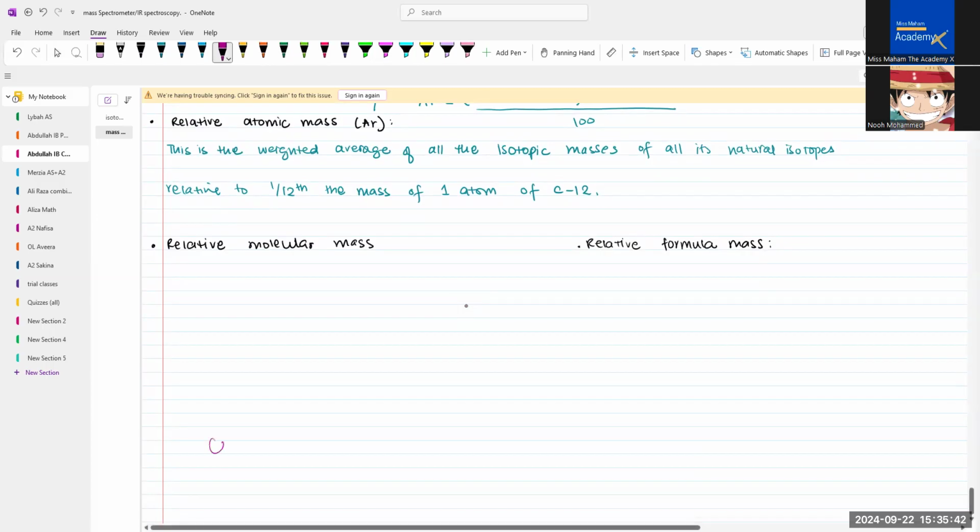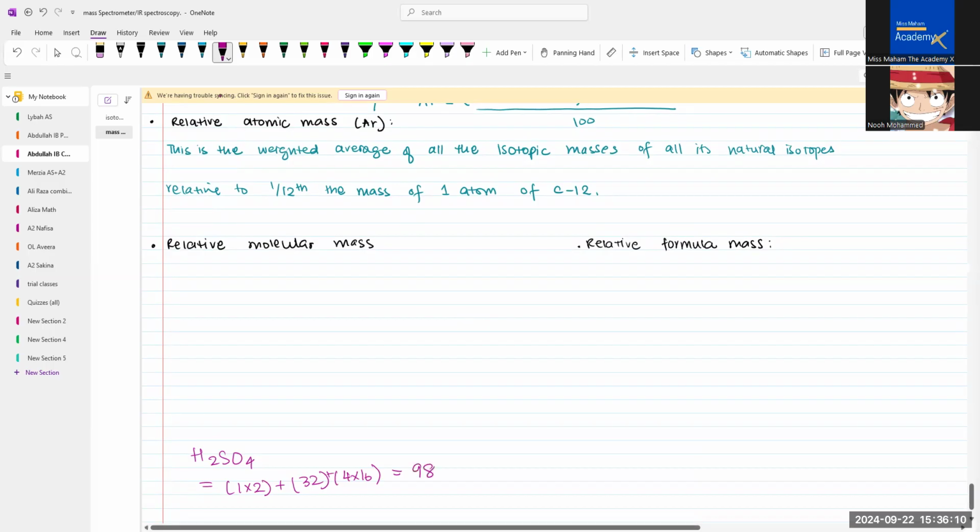So for example, H2SO4: 1 into 2 for hydrogen, then for sulfur it's 32, and for oxygen it's 4 into 16. The sum of all of this is called the relative molecular mass.